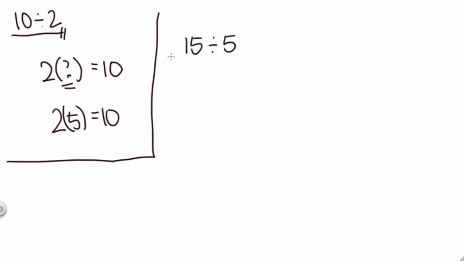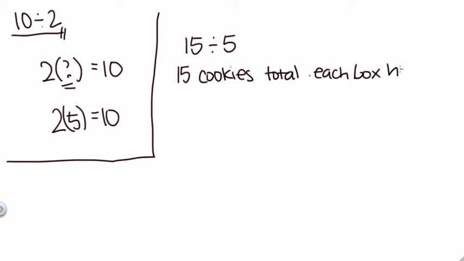Then to do this problem, let's write the context so that I don't switch. So let's say we have 15 cookies total, and each box holds 5. And so the question would be, how many boxes do I need?